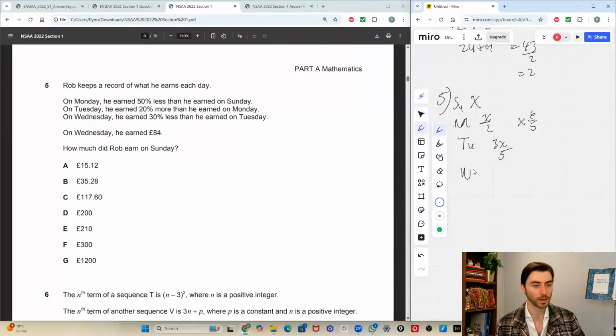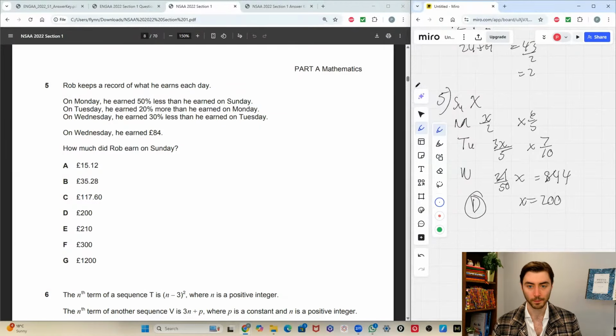Cool. On Wednesday, 30% less, so he earned 70%. So that times 7 over 10 is 21 over 50 x, which is equal to 84. Cancels, 4, x equals 200. Right, which is D.